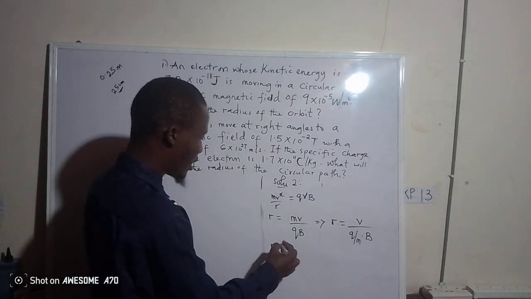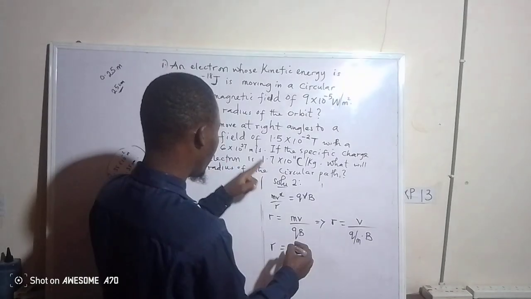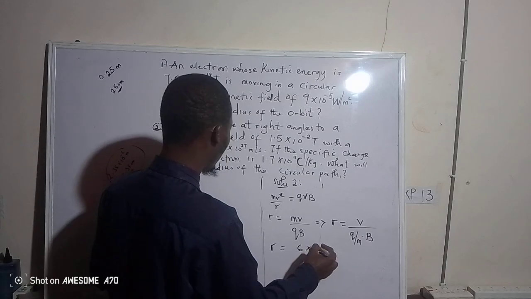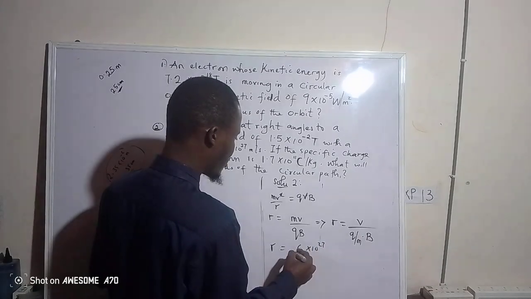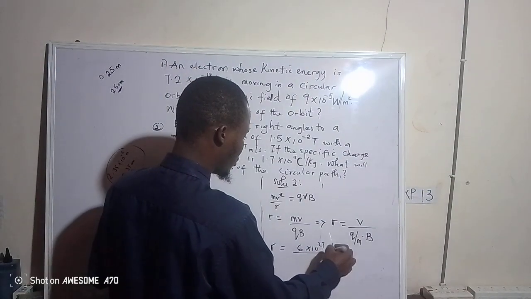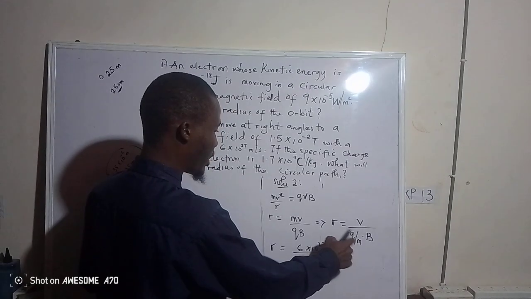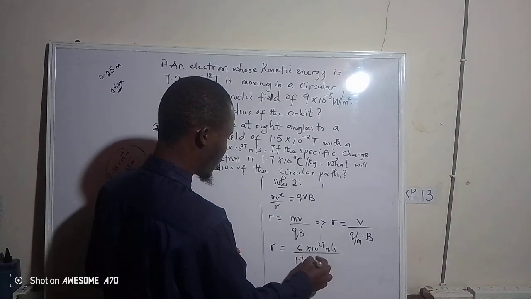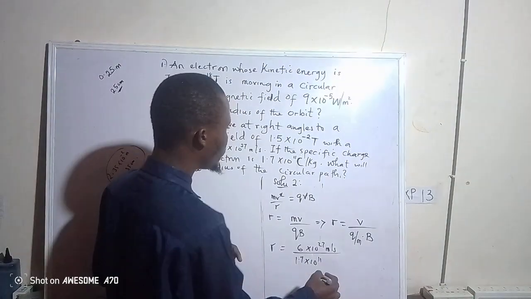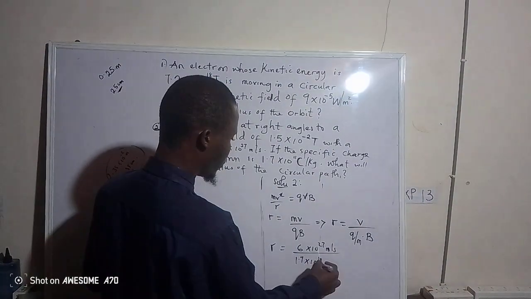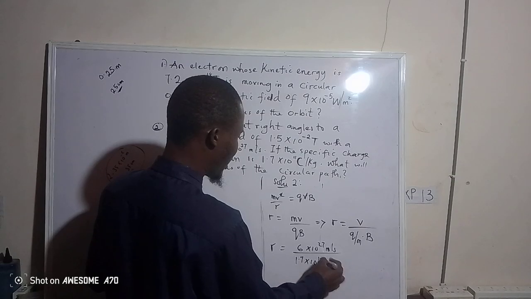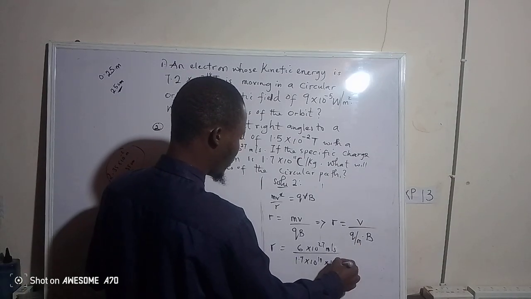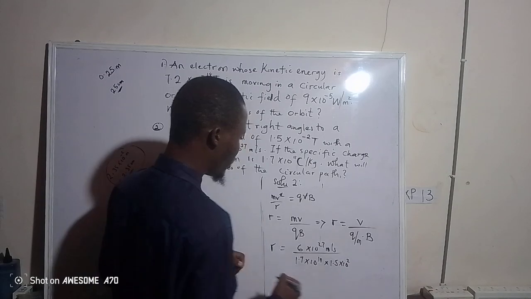So our radius r becomes the speed given to us, which is 6.6 times 10 to the power of 27 meter per second, over the charge per unit mass, that is 1.7 times 10 to the power of 11 coulomb per kilogram, multiplied by the B, the magnetic field, which is 1.5 times 10 raised to the power of minus 2 Tesla.